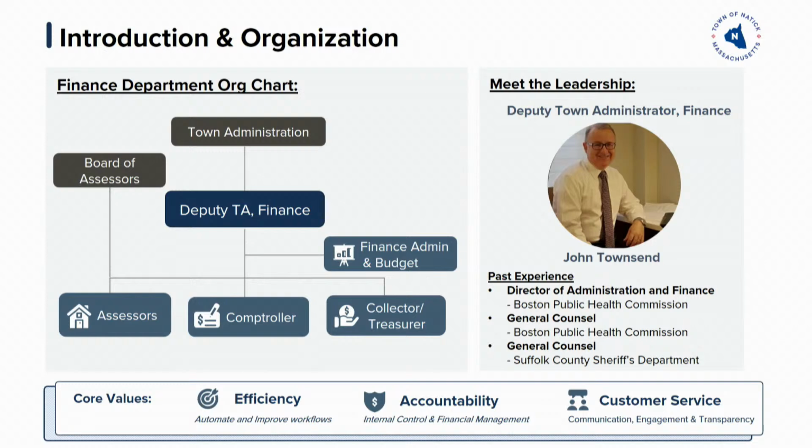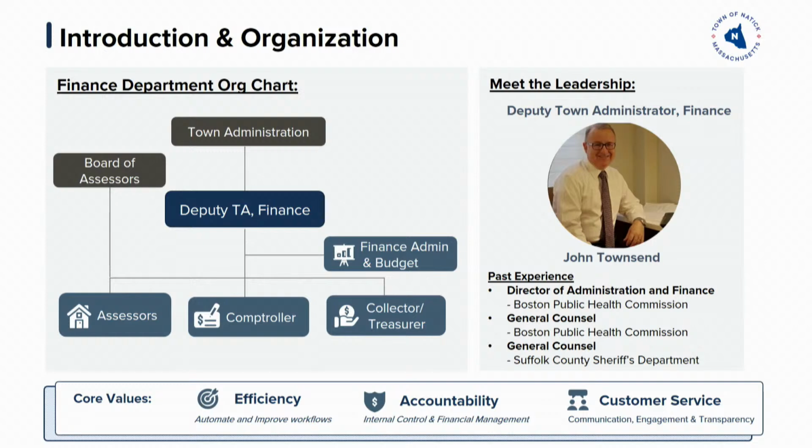And then the other individual in the finance office is Gloria Wong. She is responsible for these lovely slides that you're going to be seeing tonight. She is also responsible for putting the budget together. And in addition, she provides a lot of analysis for us when we go out to debt and put together our debt packages for our capital items. So that's the Finance, Administration, and Budget Office.